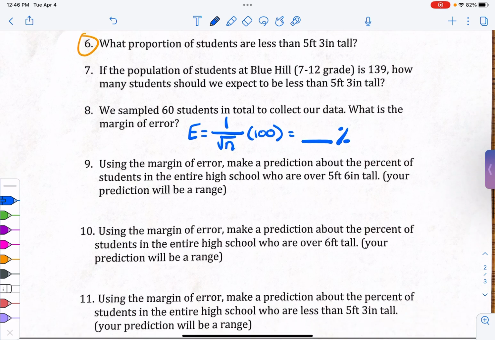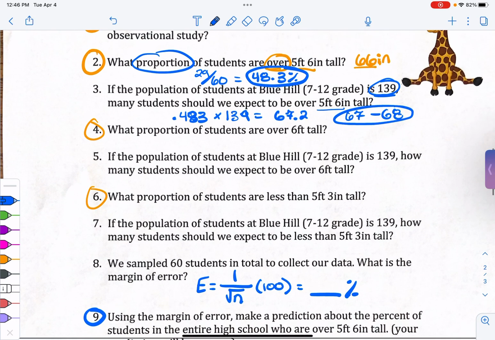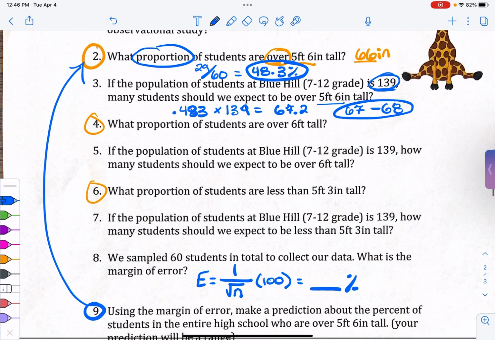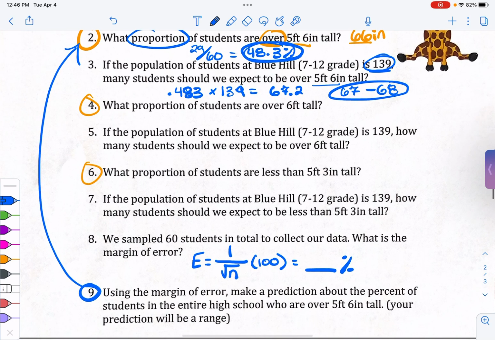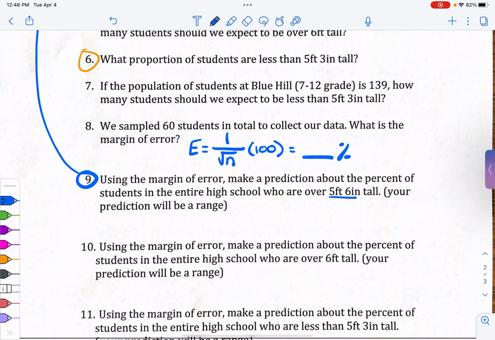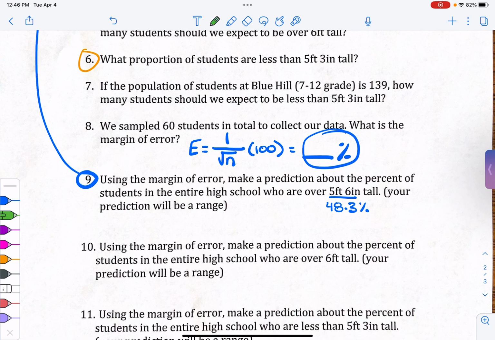But then number 9 goes back to number 2, where it says if we know that 48.3% are over 5'6" tall, my margin of error is going to tell me how far off that number is. So if it was 48.3 with a margin of error, what two numbers should it actually fall between?